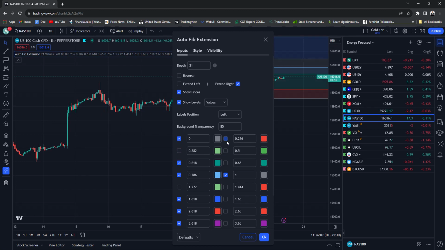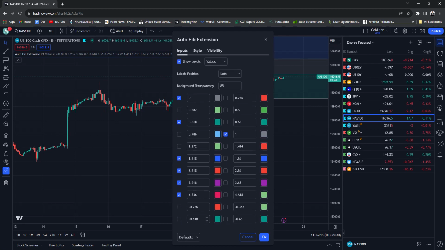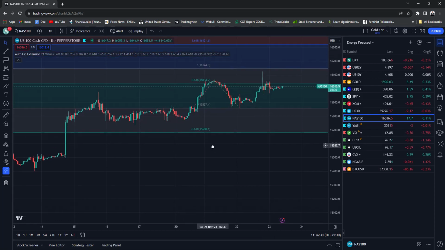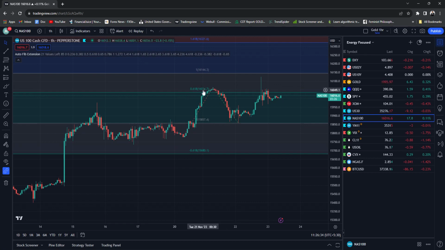You just need 0.618, 1.6, and the negative 6.618. These are the things you need, and you can extend it to the left for better use. As we can see, the 0.618 is a pretty good area.